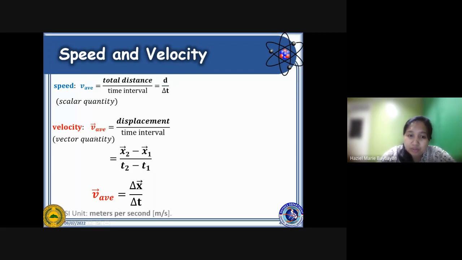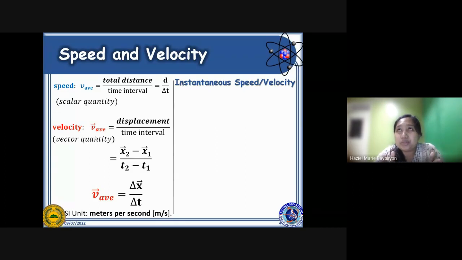We also have instantaneous speed and instantaneous velocity. When we say instantaneous, that means at that very small time interval. So the time interval is very small. It is like at that particular instant, just that moment. So instantaneous speed means speed at a specific instant of time or specific point along the path.